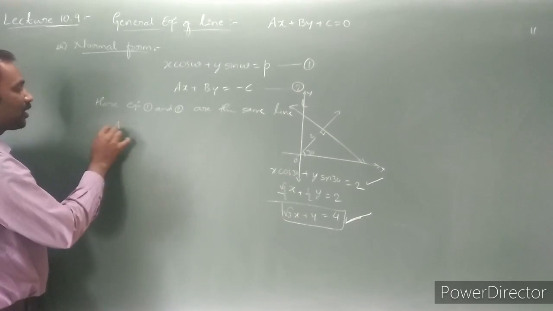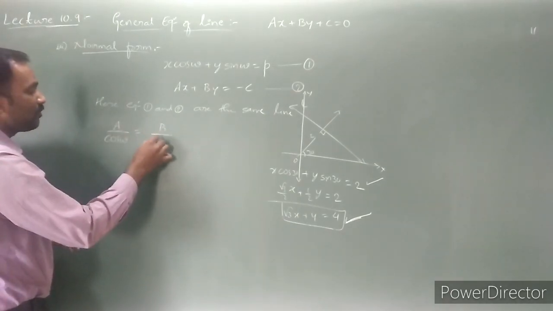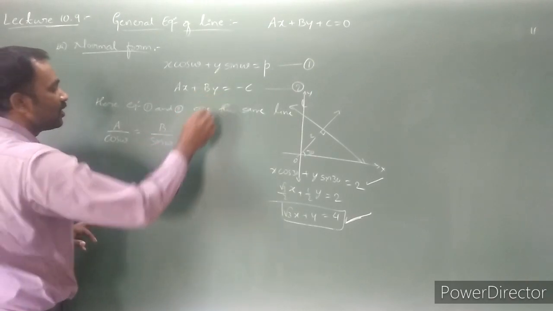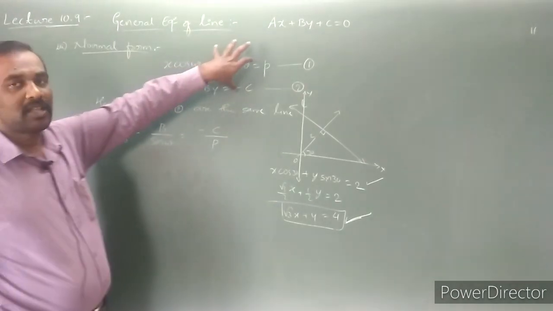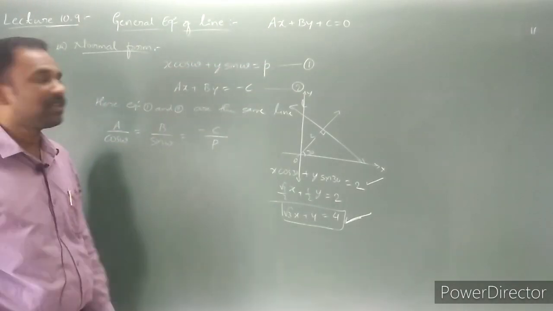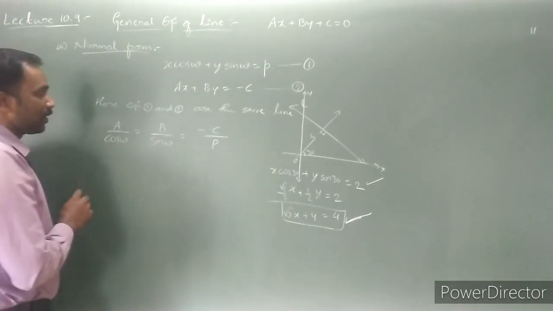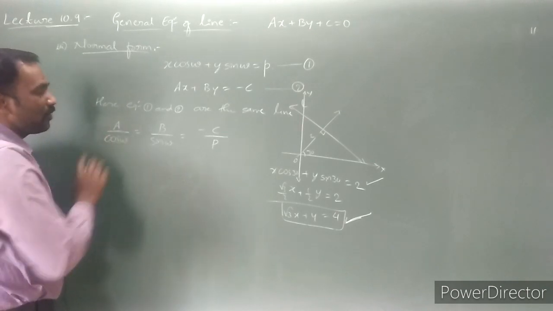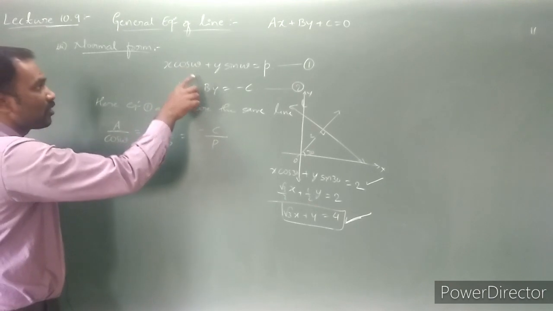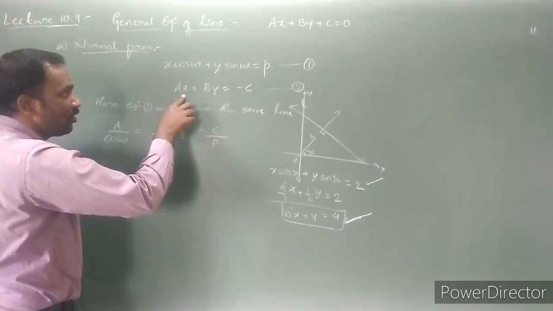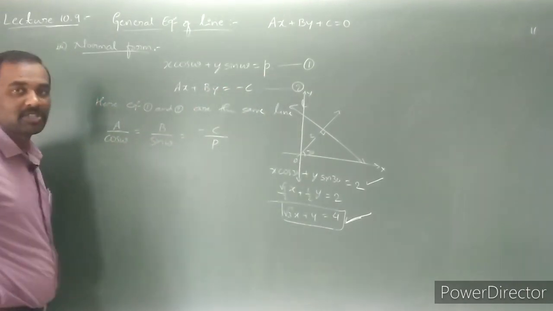So I take a divided by cos omega is equal to b divided by sin of omega is equal to minus c divided by p. The ratios are the same, so the coefficients should be in the same ratio. Now I want to express the A value, B value and C value in this manner. What is the cos omega value, the sin omega value, and the p value in terms of A, B, C?